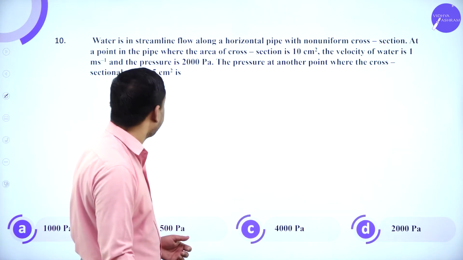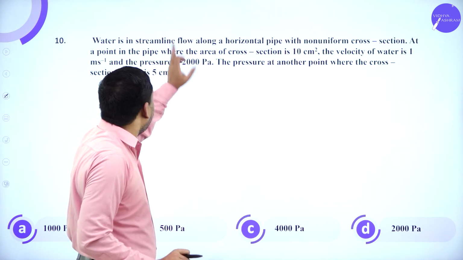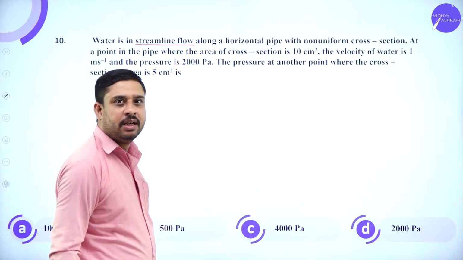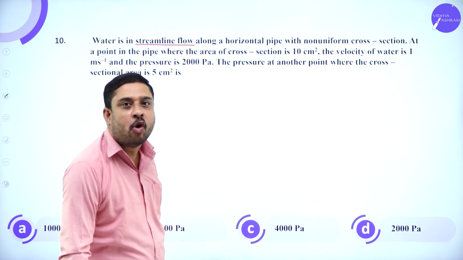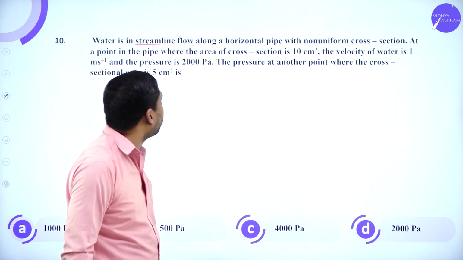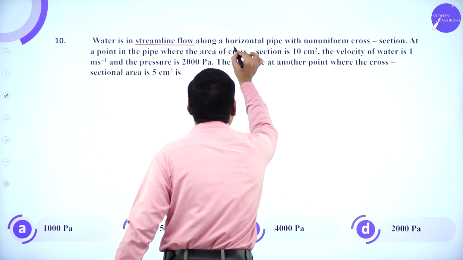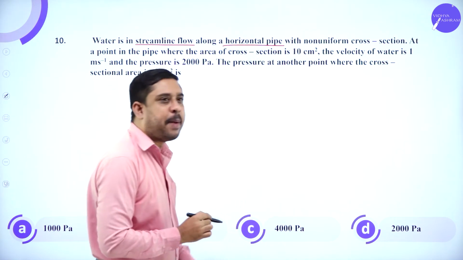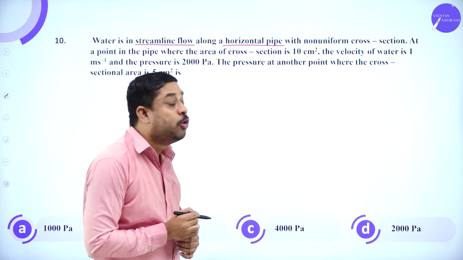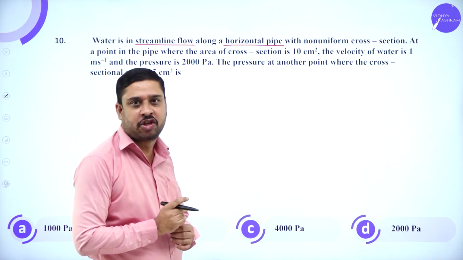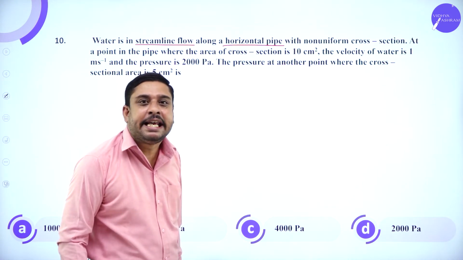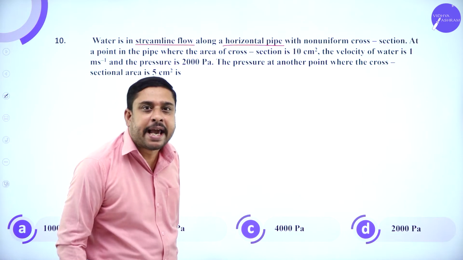Next one. Water is in streamline flow, not turbulent flow. Streamline flow along a horizontal pipe with non-uniform cross-section.